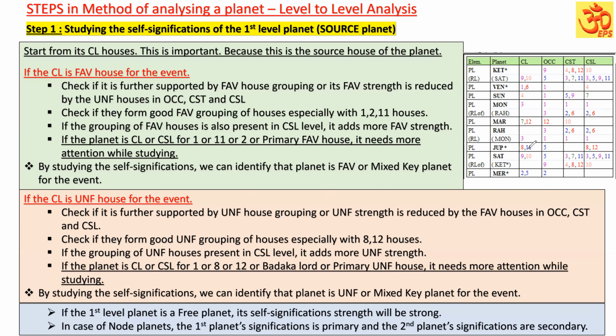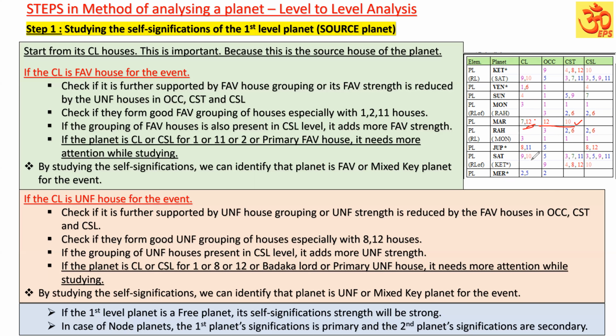You can see, as I discussed, the planet is 12th Lord. It is having unfavorable house in the CL. It is further supported by the unfavorable grouping. So unfavorable strength is increased, or unfavorable strength is reduced by the favorable grouping.